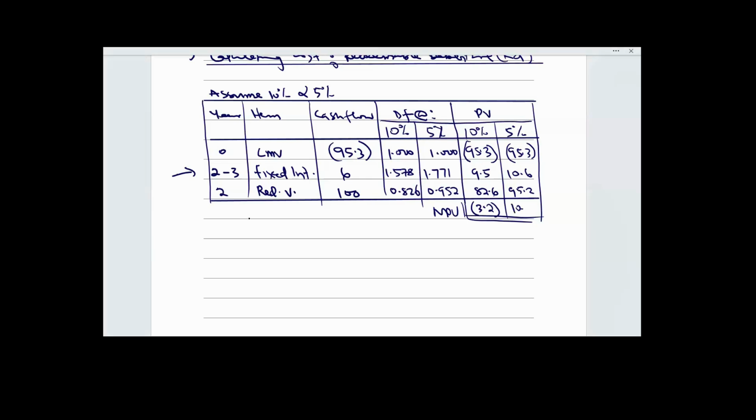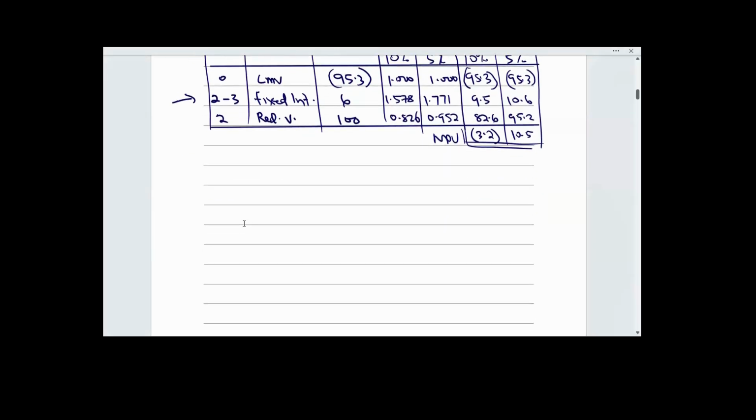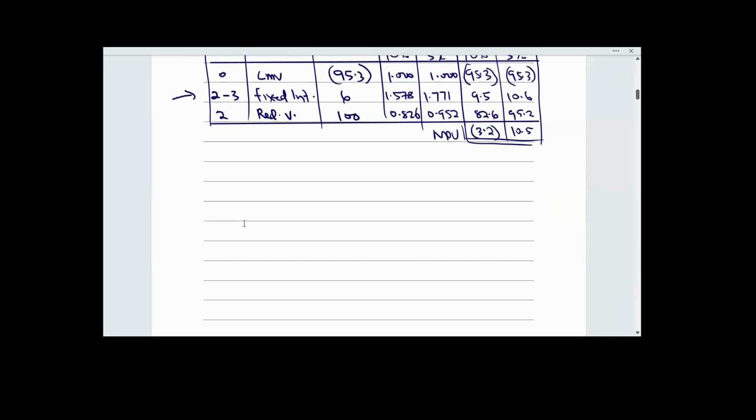Now that we have two opposing NPVs, we can proceed to calculate the cost of redeemable debenture.